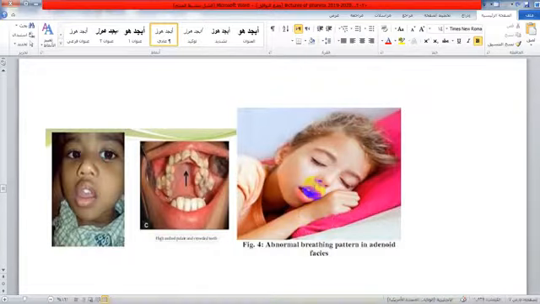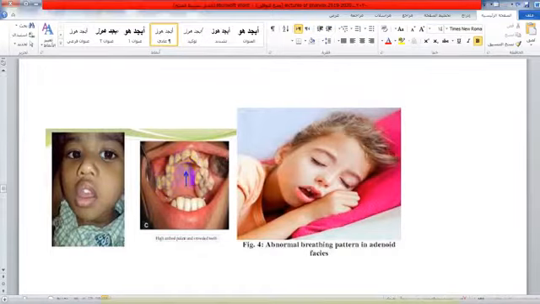This child during sleep opens his mouth, has prominent teeth, and snores. When we open the mouth, we see the malocclusion of the teeth and also the high arched palate.